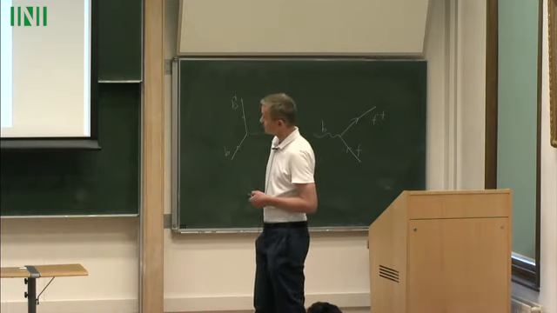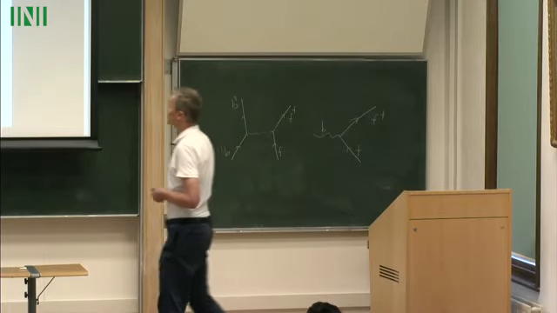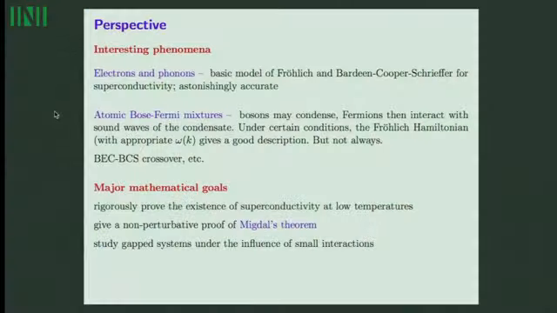And the first Hamiltonian, atomic Bose-Fermi mixtures, well, there are lots of phenomena which I'm not going to discuss here because I have not much to say about them at this point. So there are lots of things, lots of phases of matter that one can study.